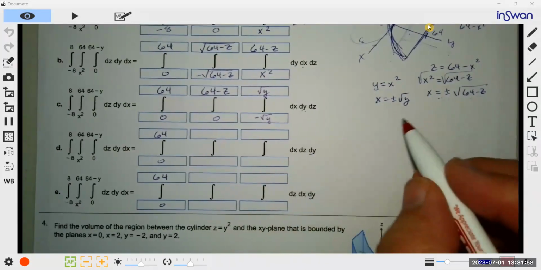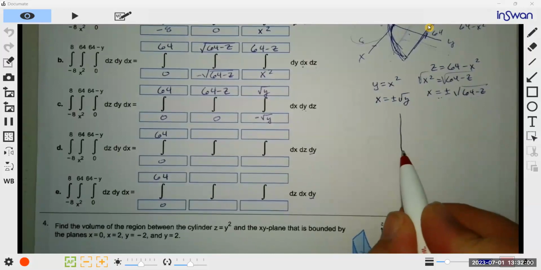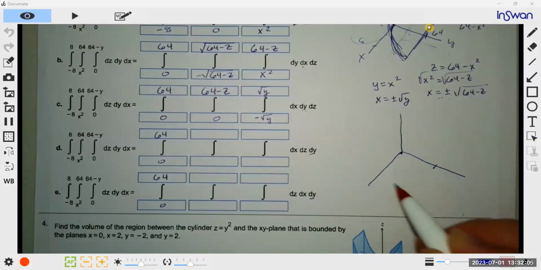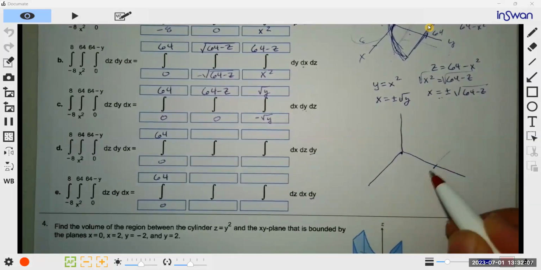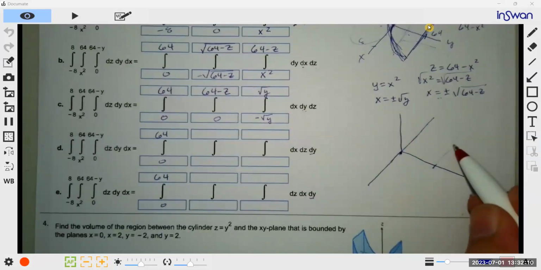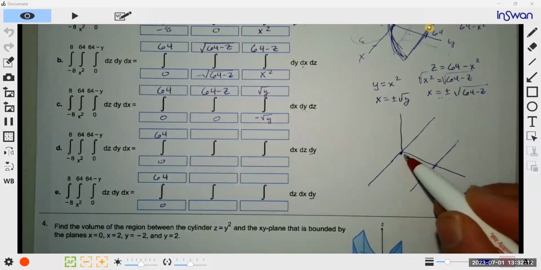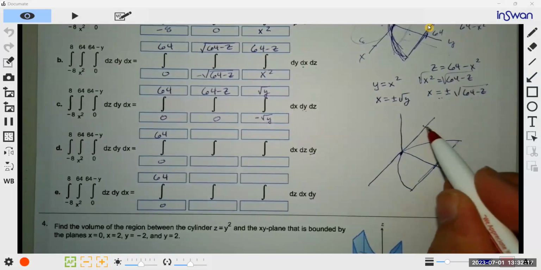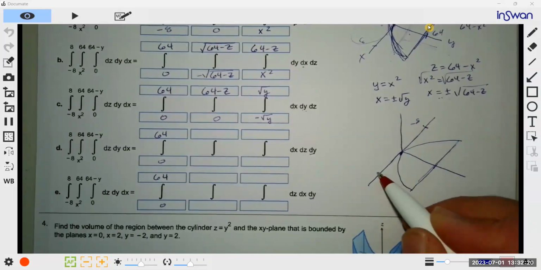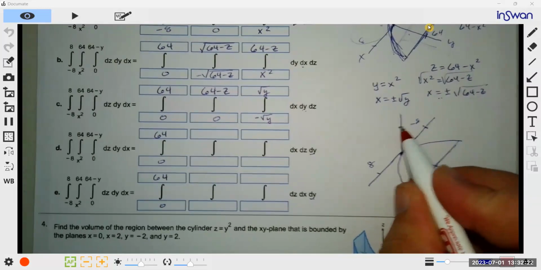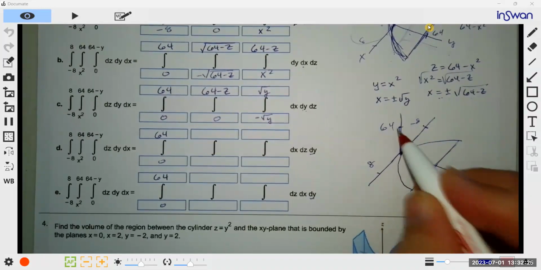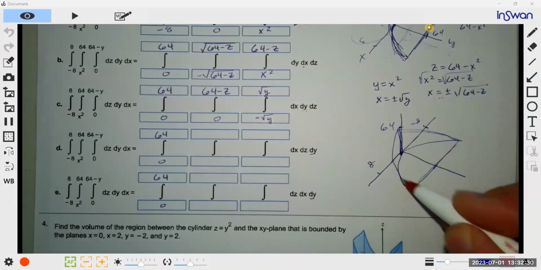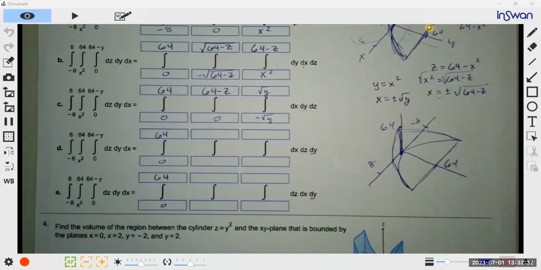Okay, for the next one, let's redraw the graph. There's -8. There's +8. All right.